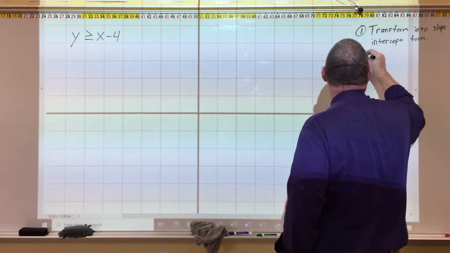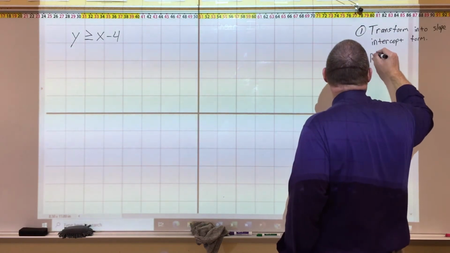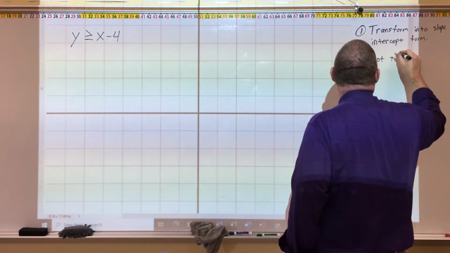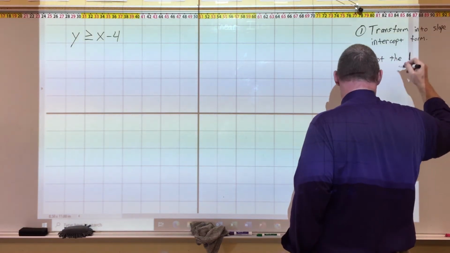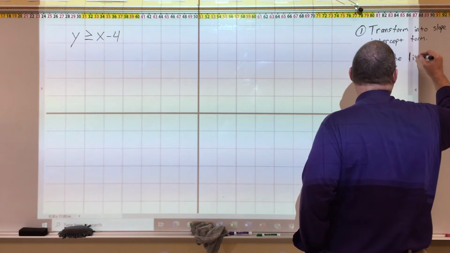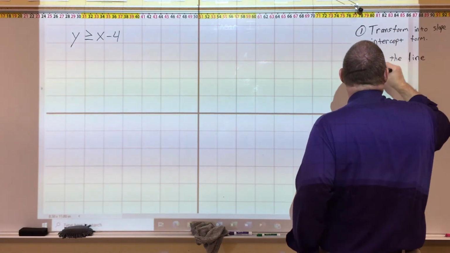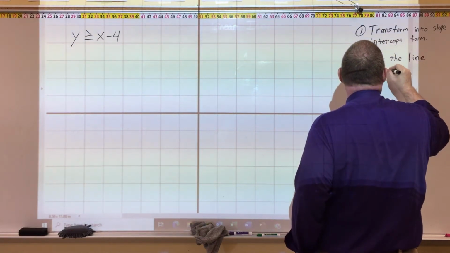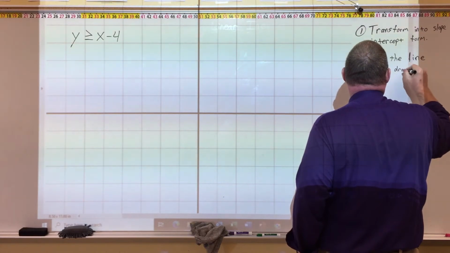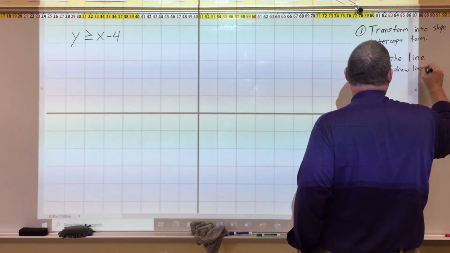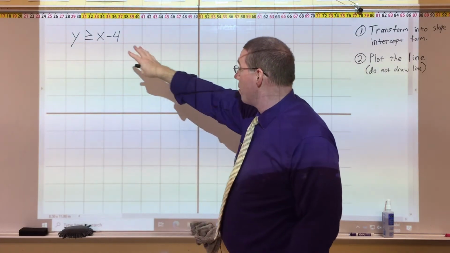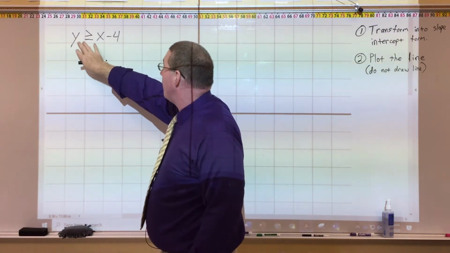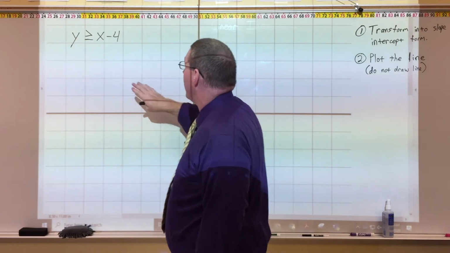Step 2, plot the line, but do not draw the line. So what we want to do is just put in a bunch of dots along this line, as if it was an equality.